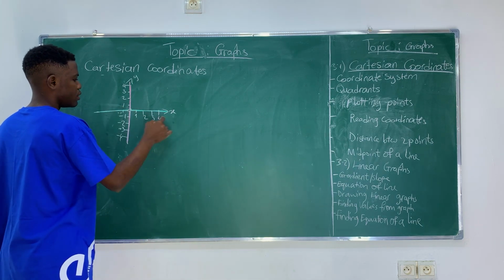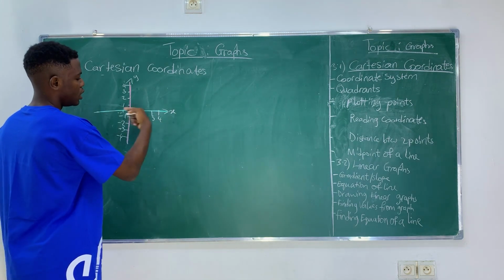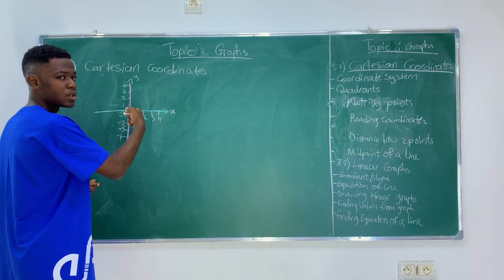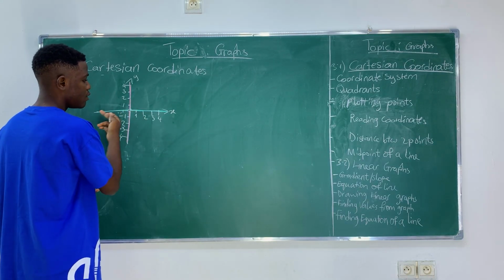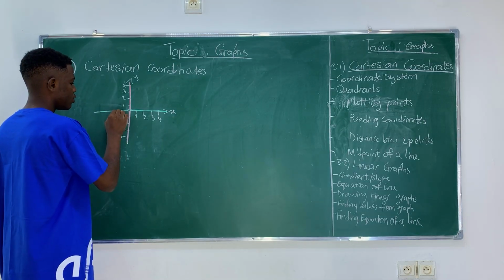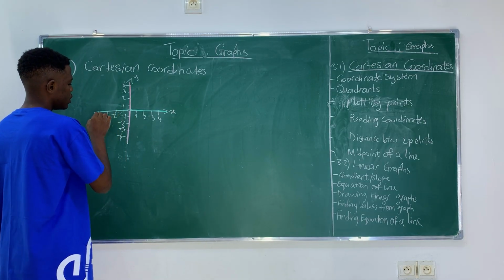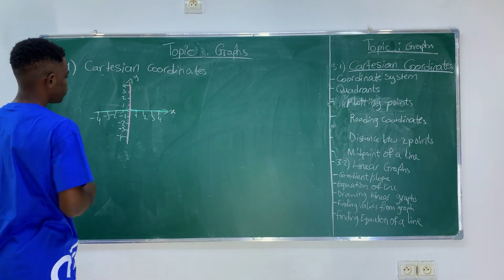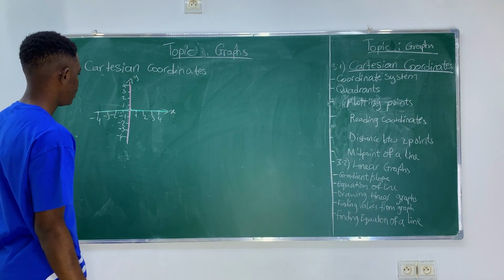Before the 0 comes the negative x-axis. Here I have negative 1, negative 2, negative 3, negative 4.